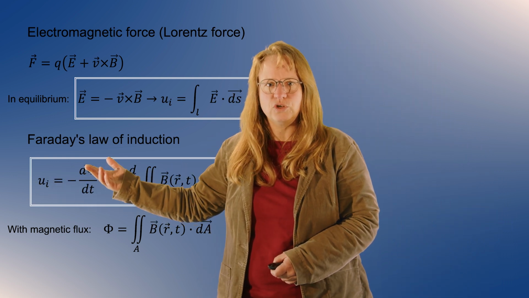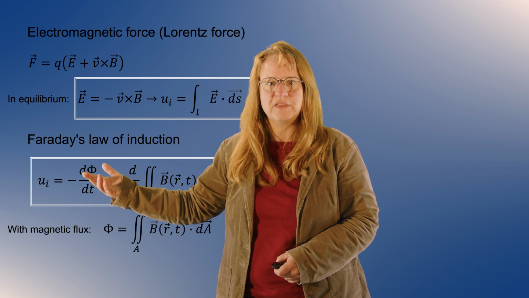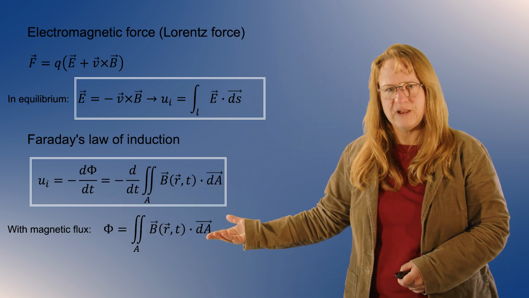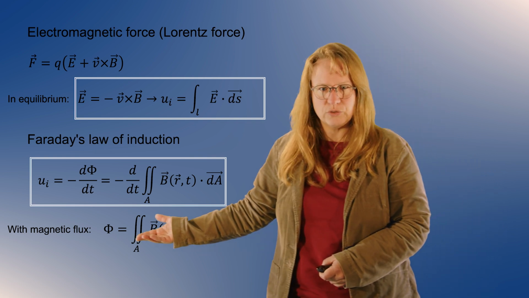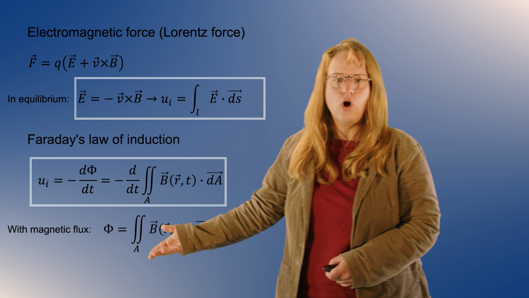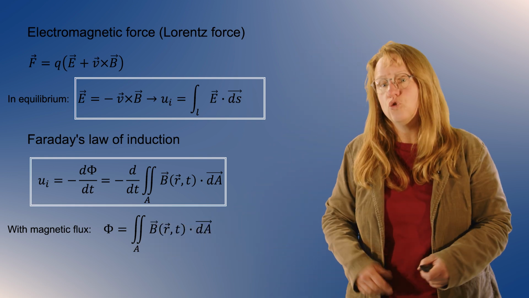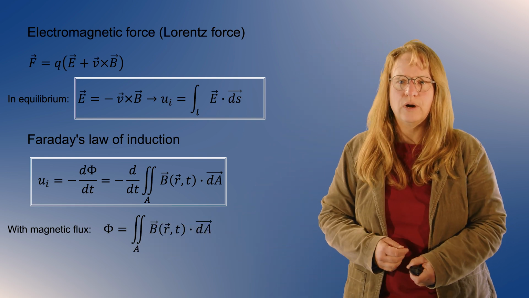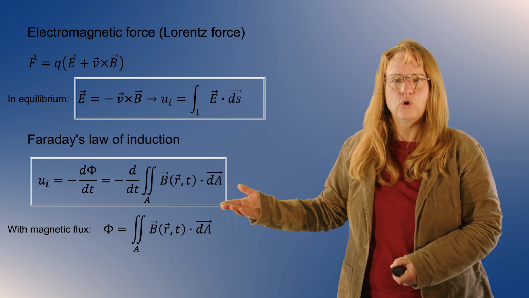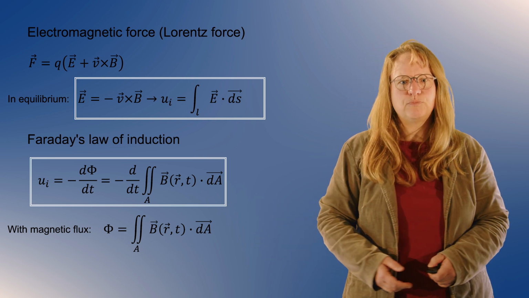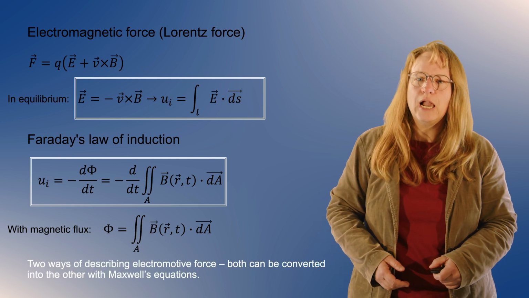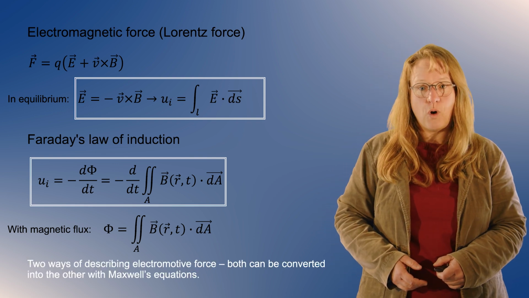And here we have to look at the time derivative, that is the change of the magnetic flux with time, and the magnetic flux is given in the integral down here, so you obtain it by integrating the magnetic flux density over the area of the loop that you have, for example, moving in your magnetic field. So both of these principles can be used in order to calculate the electromotive force.